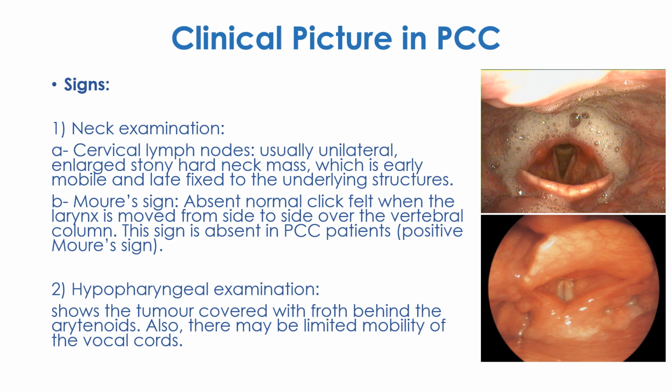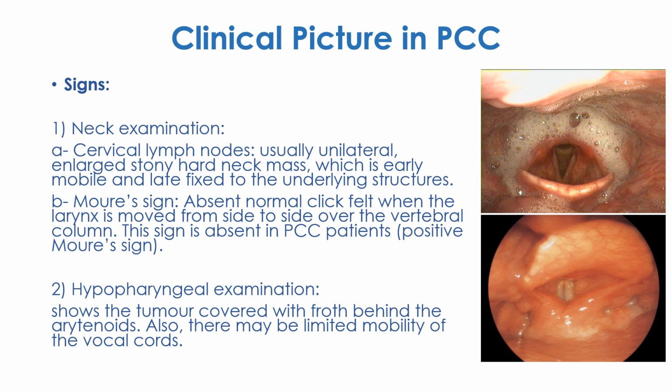Signs of post-cricoid carcinoma: neck examination will reveal a unilateral, enlarged, stony hard neck mass, which is early mobile and later on might be fixed to the underlying structure. There is what's called Moure's sign, meaning absent normal click felt when the larynx is moved from one side to the other over the vertebral column.